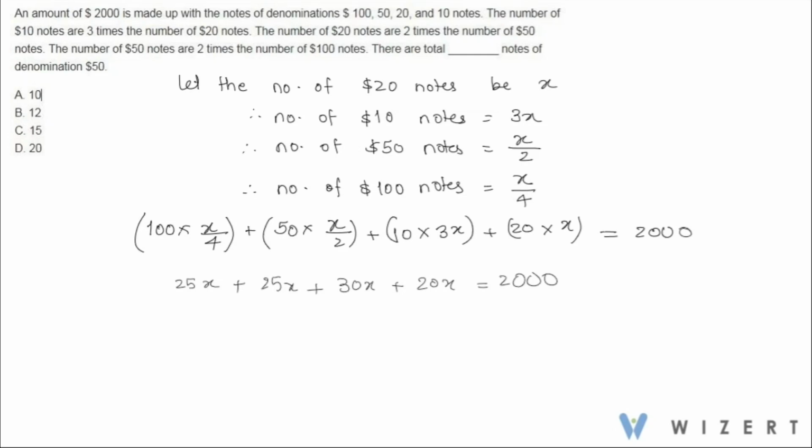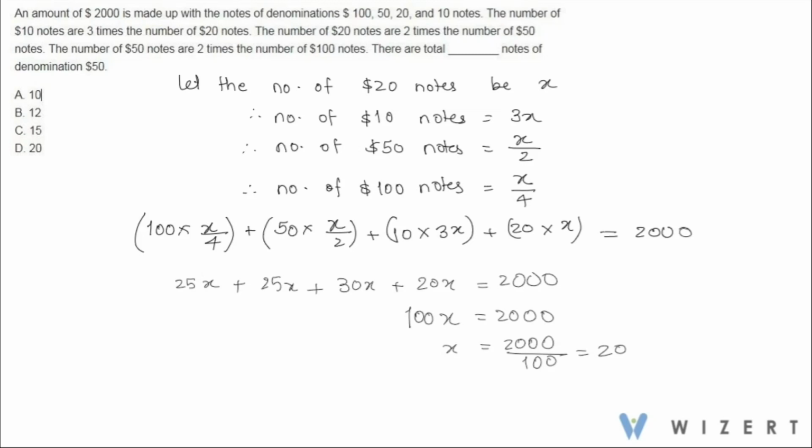So this will be equal to 25 plus 25 is 50, 50 plus 30 is 80, 80 plus 20 again is 100. So we have 100x equal to 2000. So we get x equal to 2000 divided by 100, which is equal to 20.